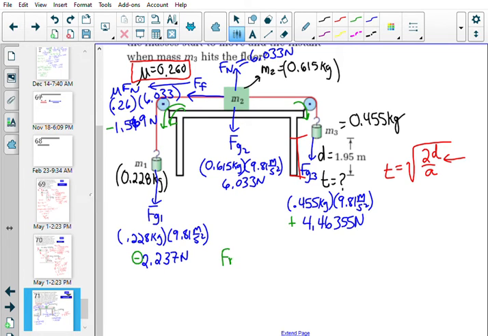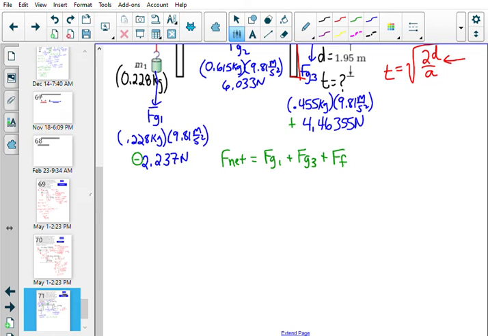So my F net is Fg1, Fg3, and friction. My Fg1 is a negative 2.237. My Fg3 is a positive 4.46355. And my Ff, I wrote a plus, but it's a minus.